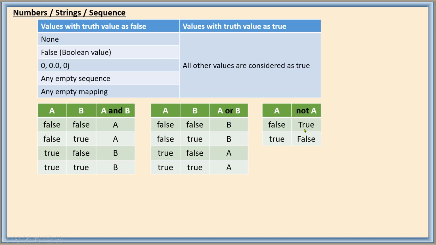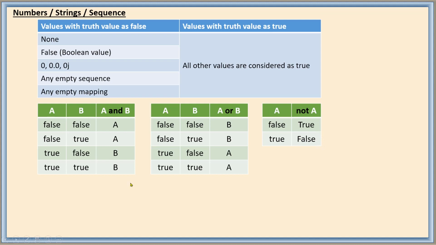Not automatically complements. So if a false value is there, it gives true as a literal. You remember, this is not the value, it gives it as a literal. Similarly, if a true value is available there, then it gives false.